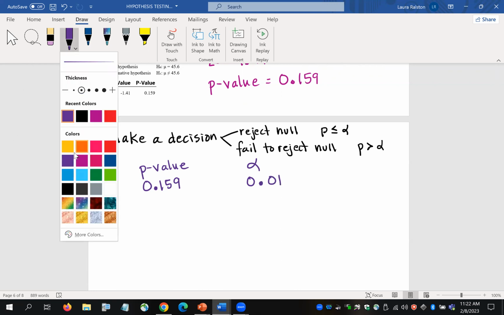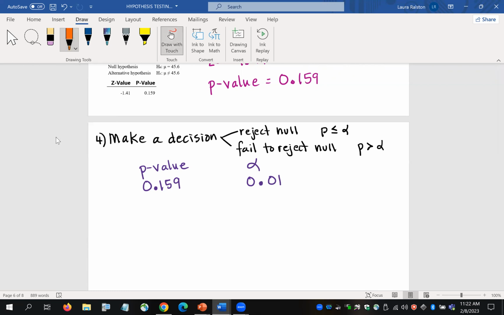Again, when you're making this comparison, do it digit for digit. The first digit after the decimal for the p-value is a 1. For the level of significance it is a 0. 1 is greater than 0, so the p-value is greater than alpha. If P is greater than alpha, again, we would say fail to reject the null.